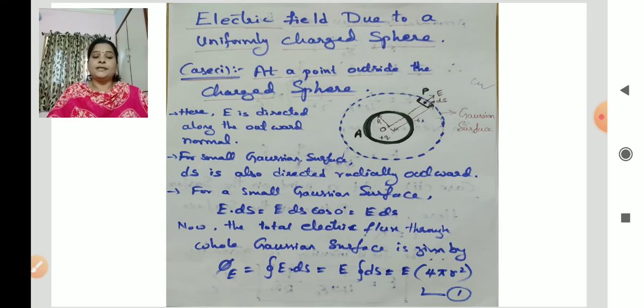So here three cases arise to find the electric field due to this uniformly charged sphere, and remember that here the charged sphere is a solid sphere, and I am not speaking about the hollow sphere. The electric field will be different for a hollow sphere.